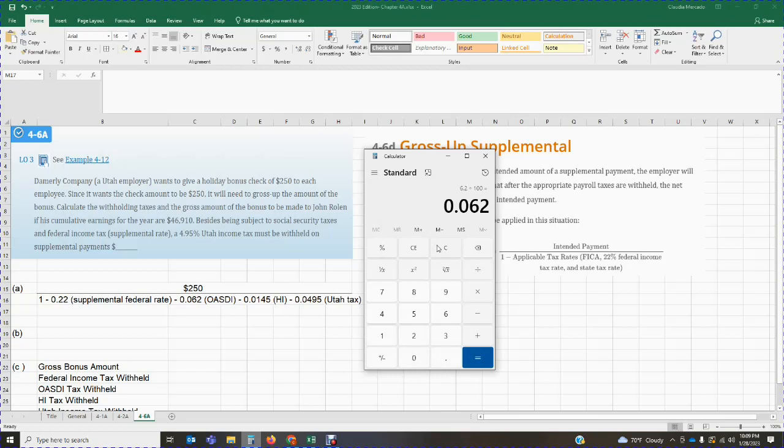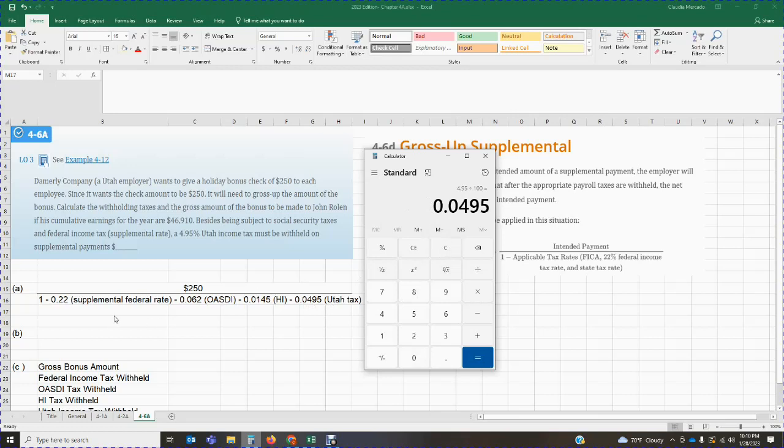So we get the 6.2% and divide by 100, and that gives you 0.062 for OASDI. For HI, 1.45 divided by 100 gives me a rate of 0.0145. And then my Utah tax is 4.95 divided by 100, so my tax rate is 0.0495.